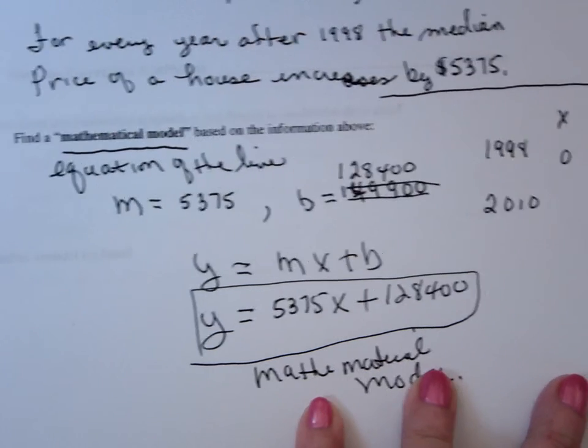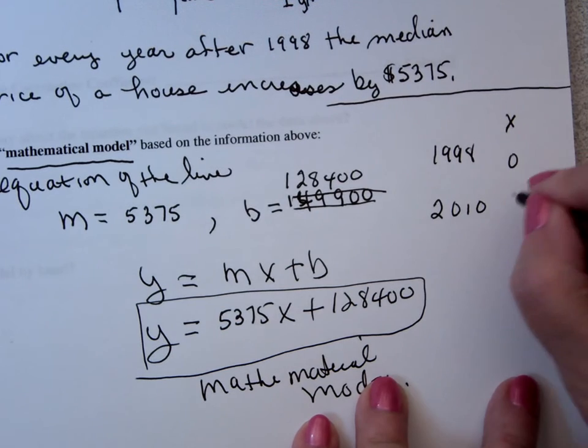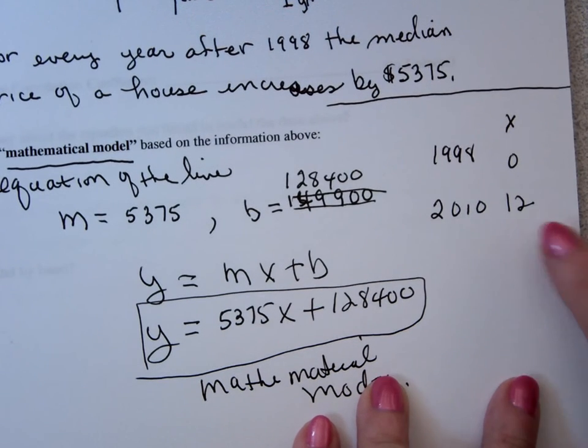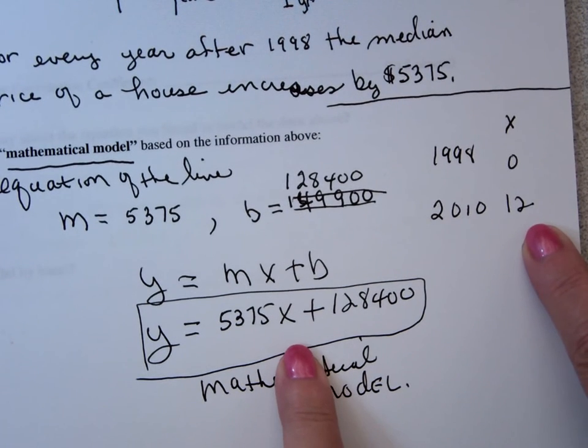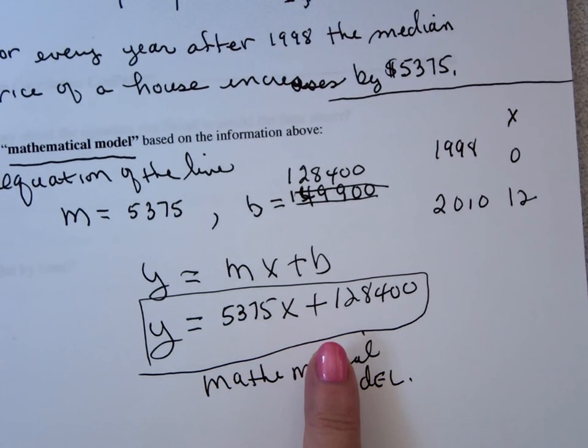So what would 2010 be? 12, yeah. I just plug in 12. Predict in the future, knowing what's happened in the past. But housing prices for models are, it's very, very difficult to do that.